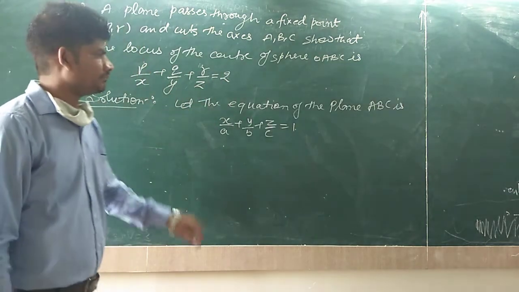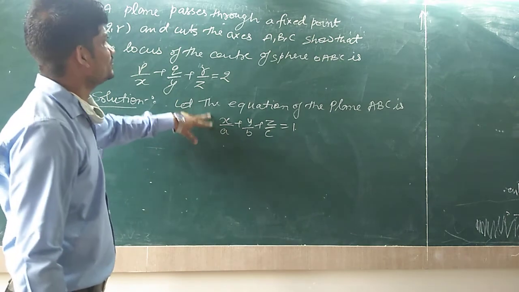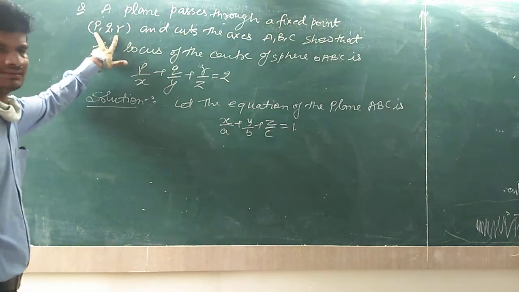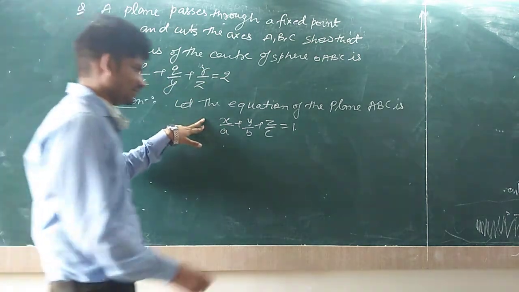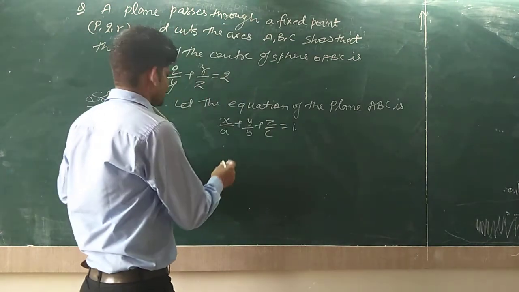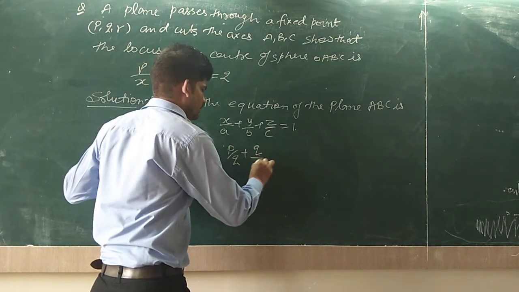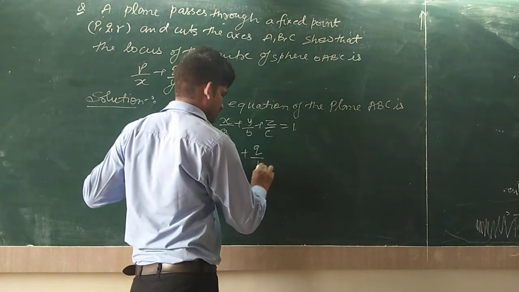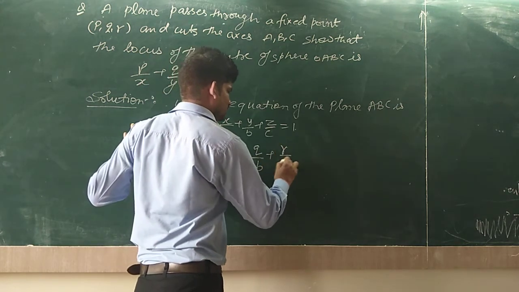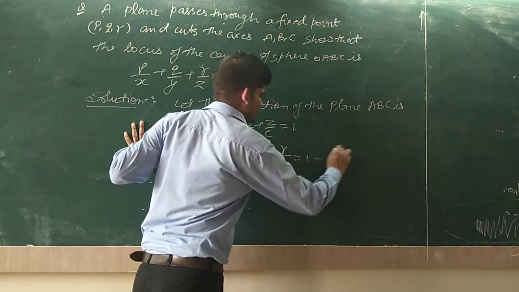This plane passing through the fixed point PQR then satisfies P upon A plus Q upon B plus R upon C equal to 1. This is equation number 1.